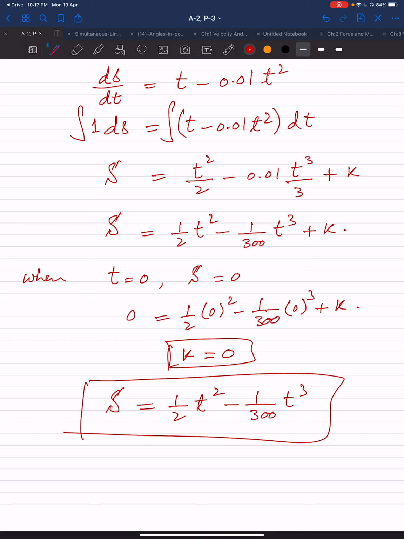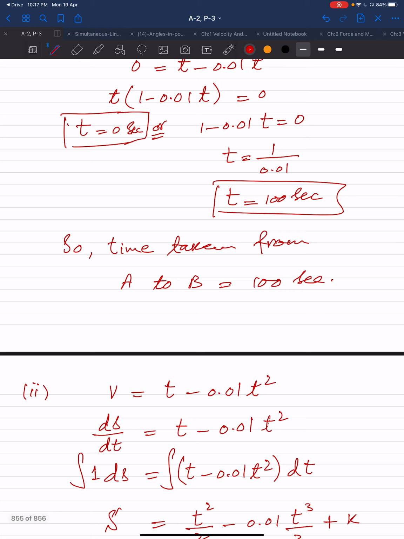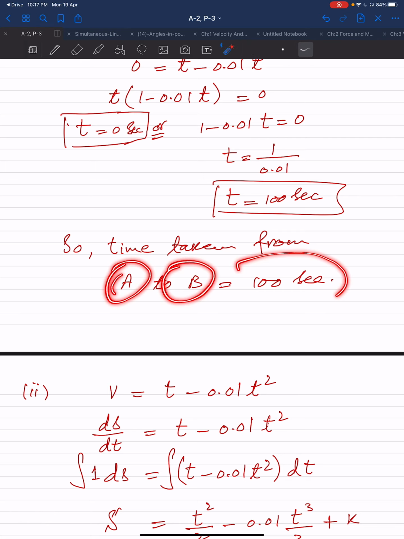Now you got the displacement function. Now you need to find out what was the distance AB. If you remember, we found that the total time taken to reach from A to B was 100 seconds.